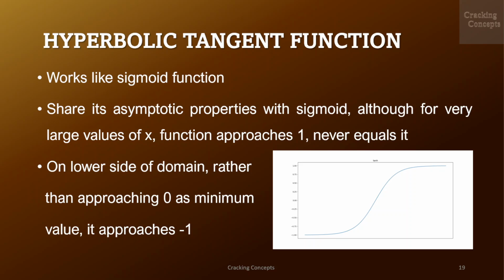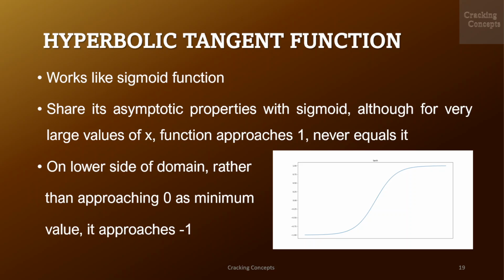Now we look into hyperbolic tangent function or tanh function. Now this works similar to the sigmoid function, but it has some differences. The curve is shown in the figure. First, the change in output accelerates close to x = 0, which is similar to the sigmoid function.